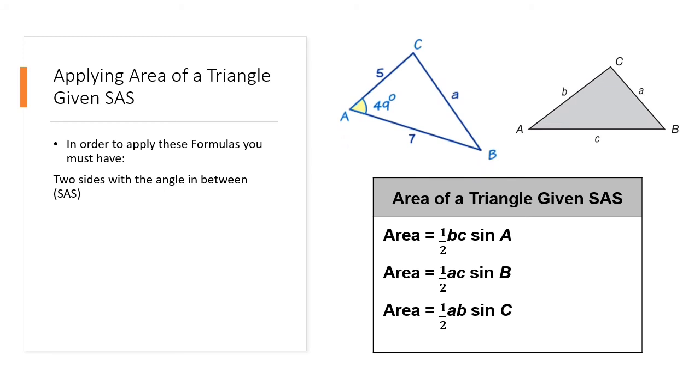Here's an example of a triangle that is side, angle, side. You'll see that we have the two sides here, the 5 and the 7, and in between that we have an angle of 49 degrees. So that allows us to use these formulas.